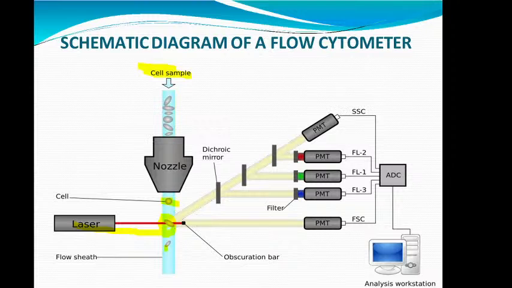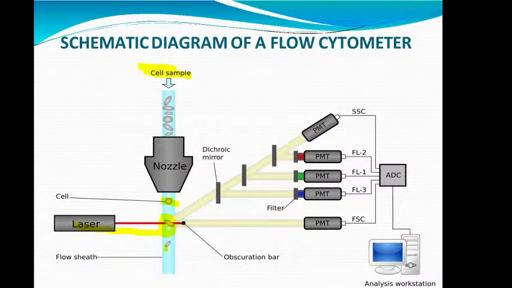Let me revise it again. The cells are there, the shape and size of the cells are different, but only a single cell is allowed to pass, and when the beam of light is put on this cell, what will happen? We will get some observation. There are some optical detectors present.